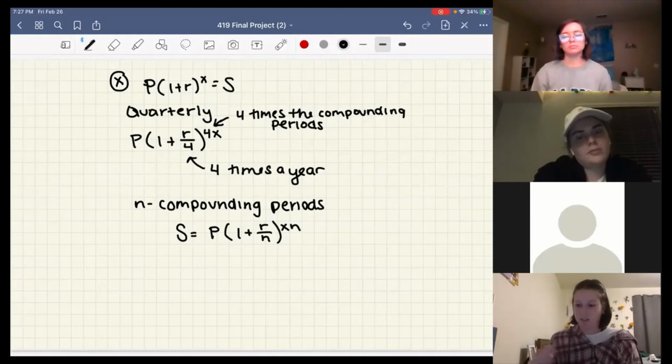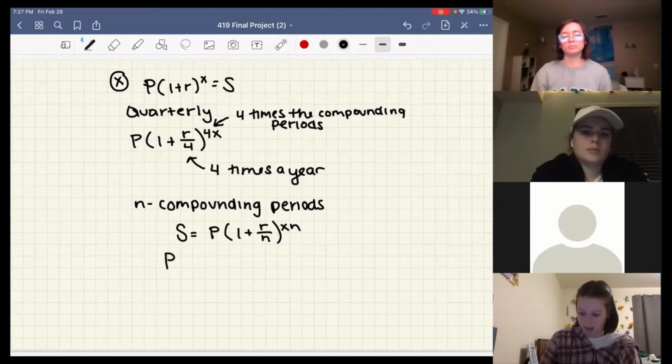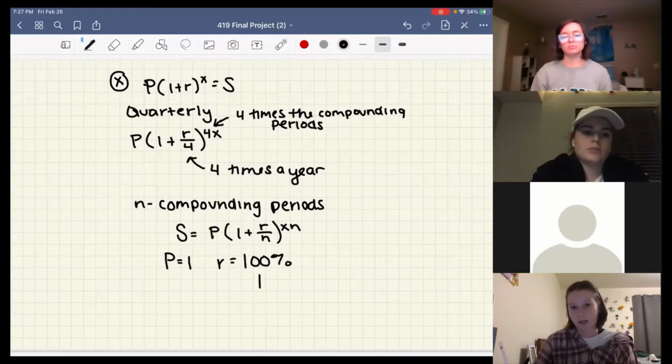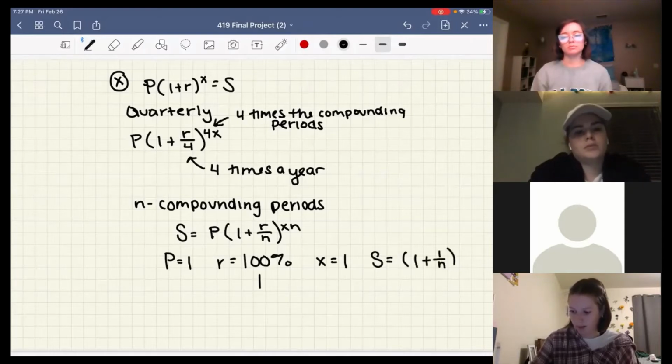And then plugging this back into Bernoulli's original problem, he had P equal to 1, R is 100% or just 1, and then X is 1 year. So S is equal to 1 plus 1 over N to the N power.